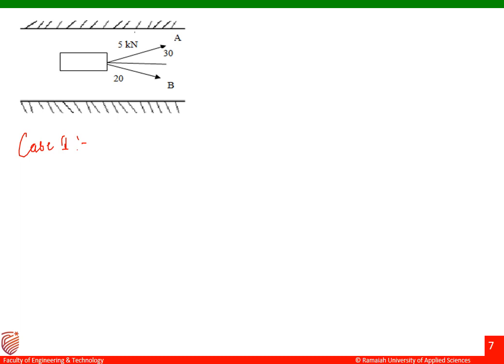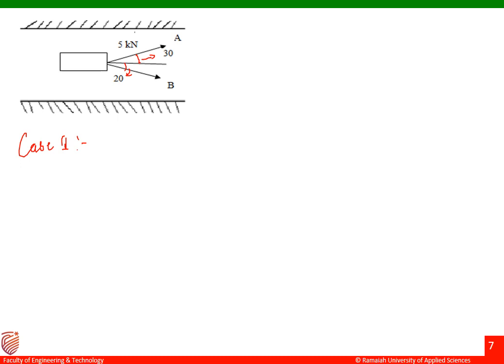Case 1. Here, this one is making an angle of 20 degrees and this one is making an angle of 30 degrees. The force in rope A is 5 kilonewton.